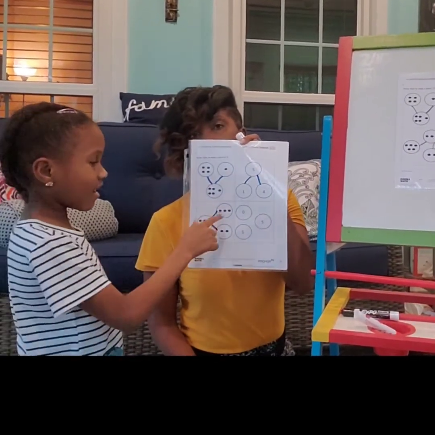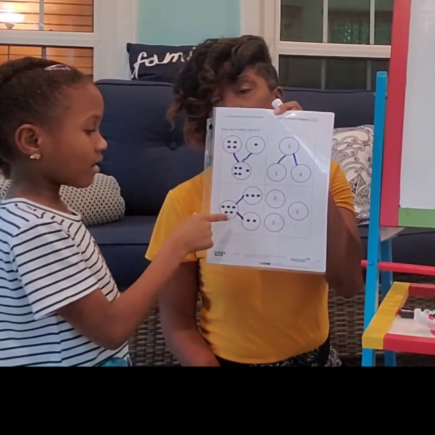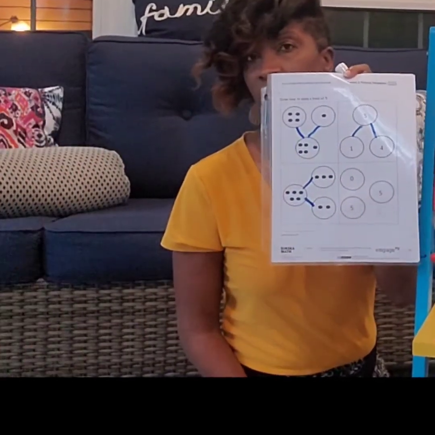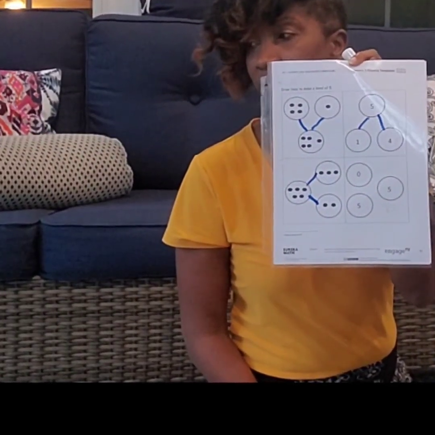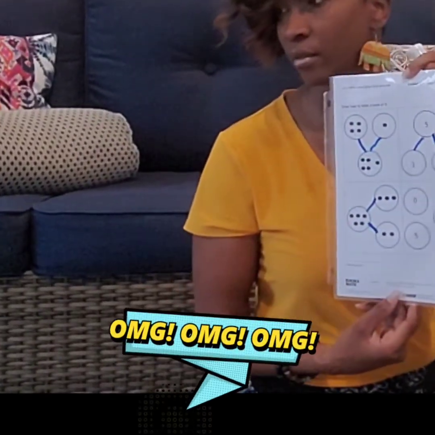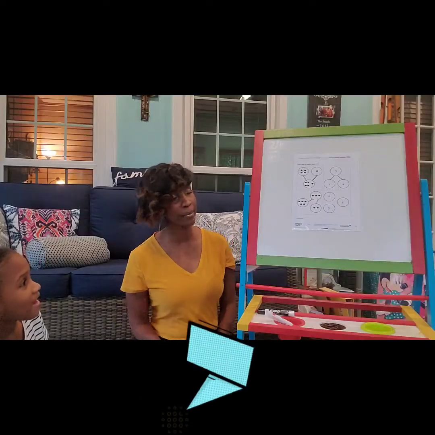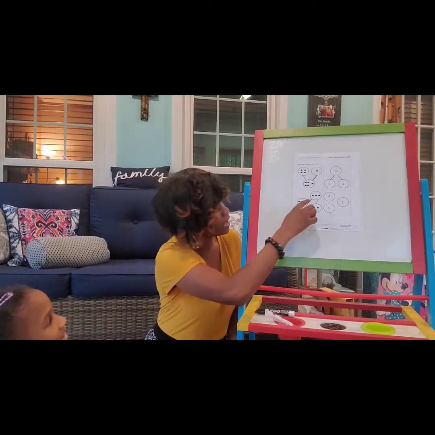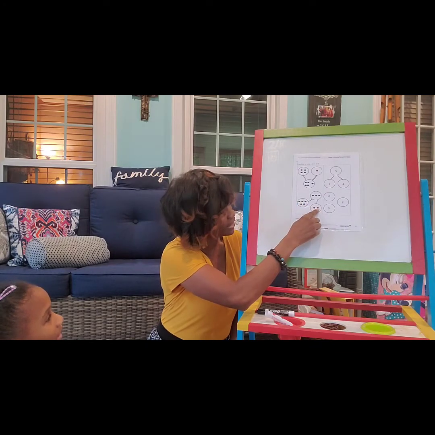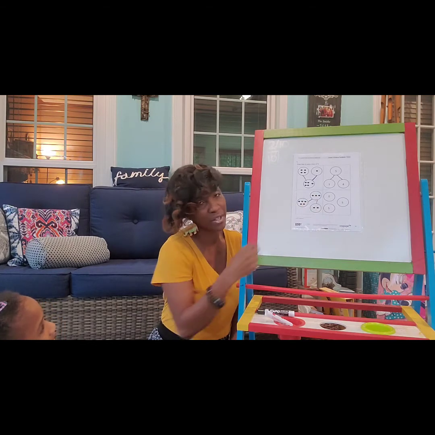I did 3 to 5 and a 2 to 5. Why did you do that? Because that's how you make 5. 3 and 2 makes 5? Yes. Oh, I made a big mistake, guys. 1, 2, 3, 4, 5, 6, 7. 5 and 2 makes 7. 5 and 2 doesn't make 3.